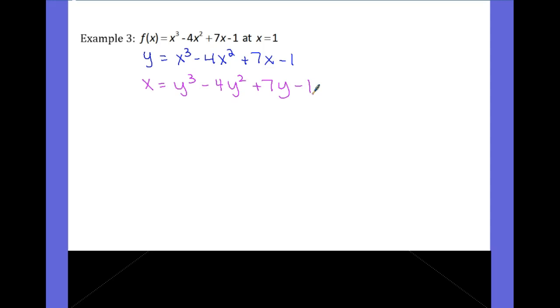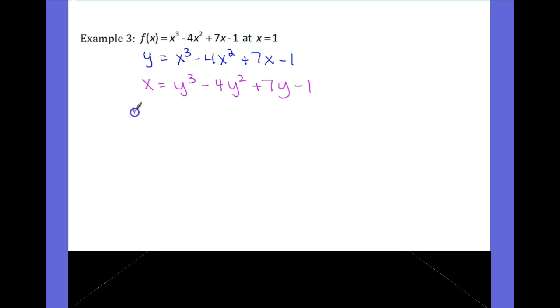We cannot solve that for y. It's impossible. But in calculus, we have a method where we can use implicit differentiation. So we're going to derive it and actually find the derivative of the inverse. When we take the derivative of this, it will represent the derivative of the inverse.